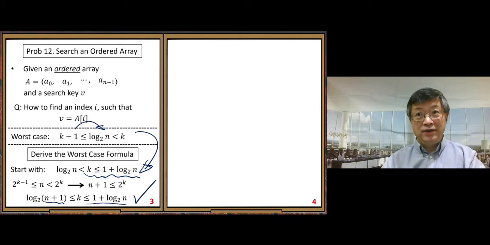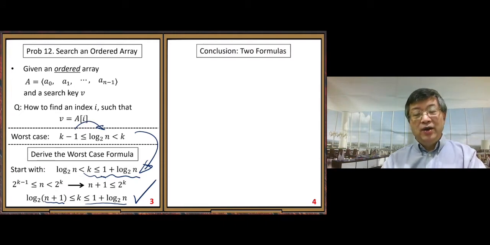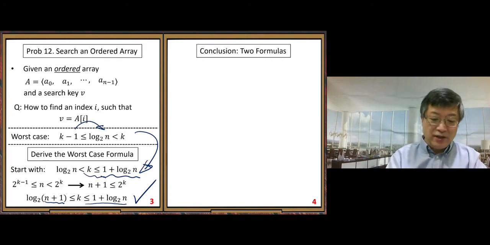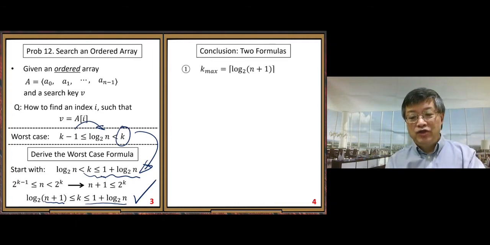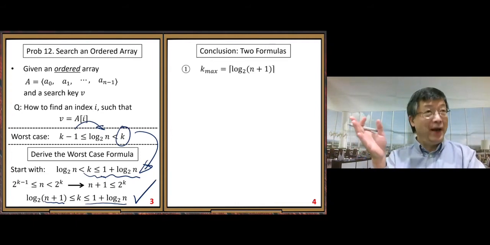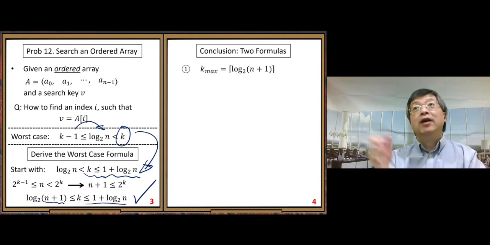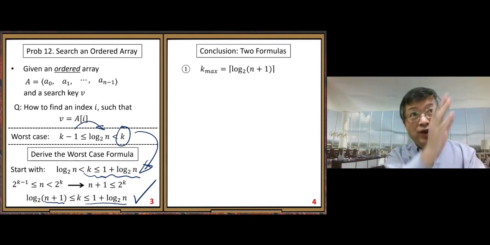Then the conclusion. At this point, we have two formulas to represent that k. The first formula, k max. Why do I use the max? Because it is the maximum number of comparisons we need for the worst case.